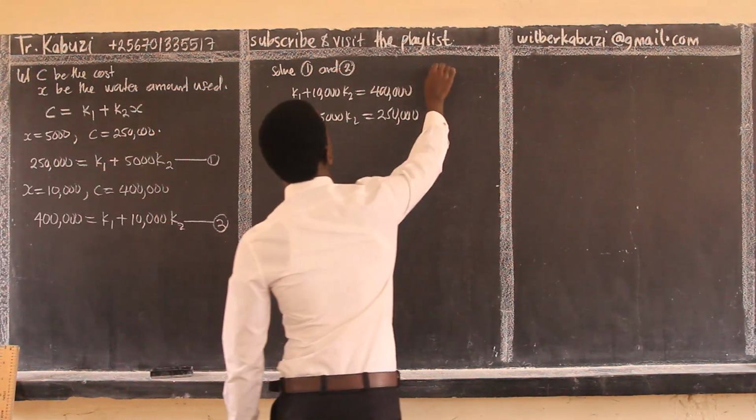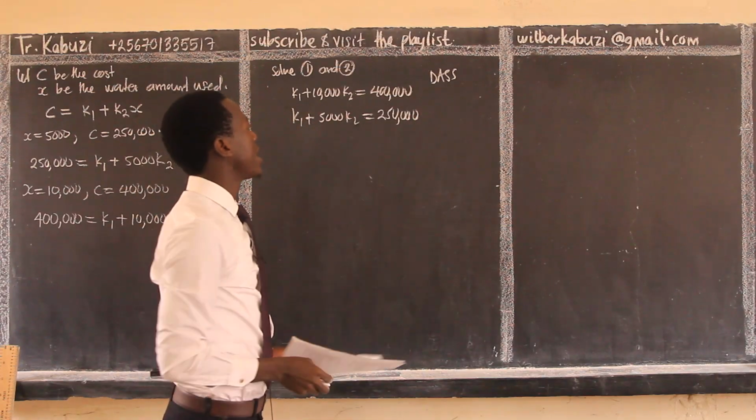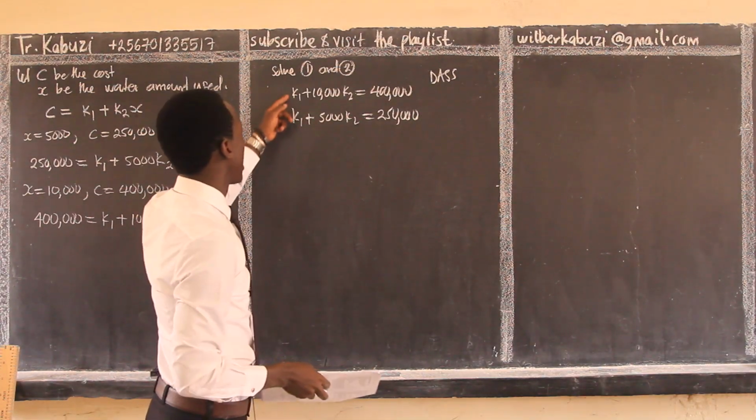Whenever I'm solving simultaneous equations, we use DAS: different signs add, same signs subtract. They have the same signs.